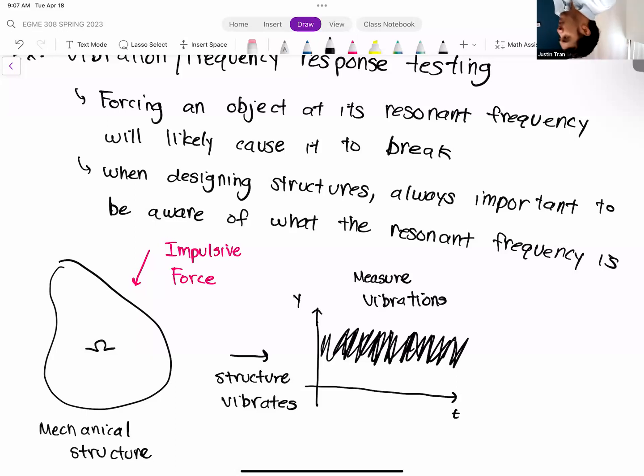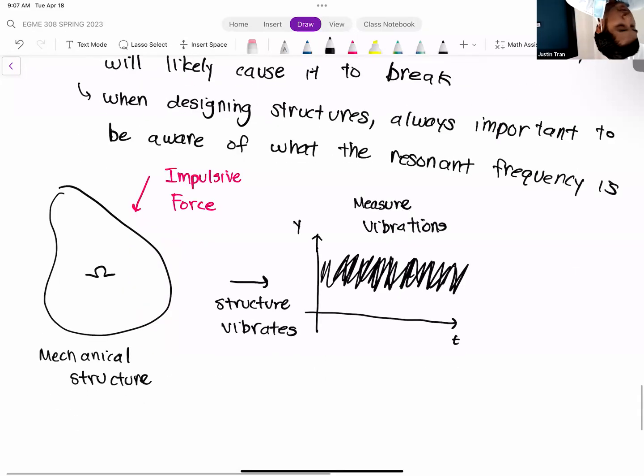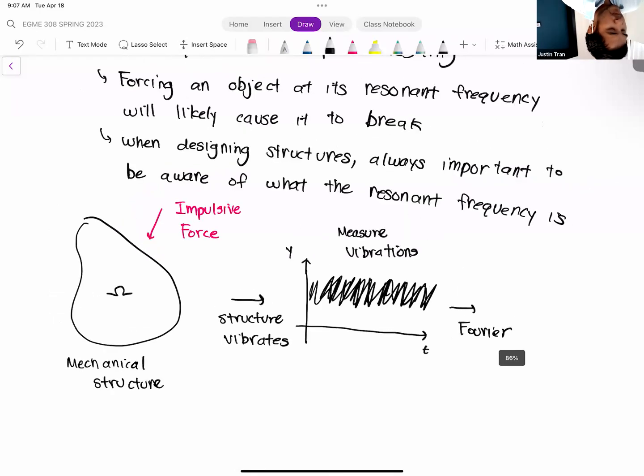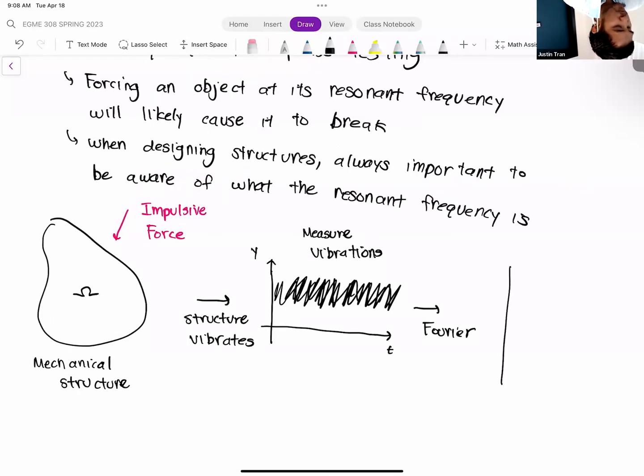So how do we go from something like this, a very messy time domain signal, and how do we pick out what the resonant frequency is? Well, a good tool that we can use here is Fourier. What Fourier is going to do is transform this messy signal into the frequency domain.